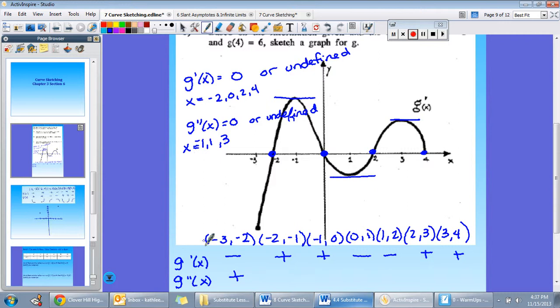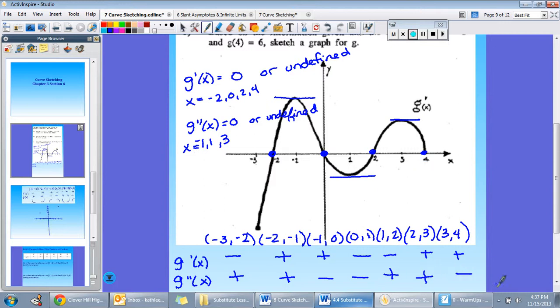So it's positive on the first interval, positive on the second interval. From -1 to 0, the slope is negative, and it stays negative until you get to 1. From 1 to 2 and from 2 to 3, that slope is positive, and from 3 to 4, that slope is negative.